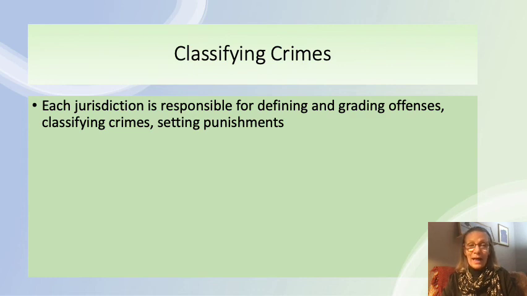That is classifying crimes and setting their punishments, okay? So the state of Wisconsin is the jurisdiction of criminal law in the state of Wisconsin. It's up to the state of Wisconsin to decide what kind of offense is a felony or what kind of offense is a misdemeanor, okay? It's also up to the state to determine what the punishment is. And that's going to be different state by state.